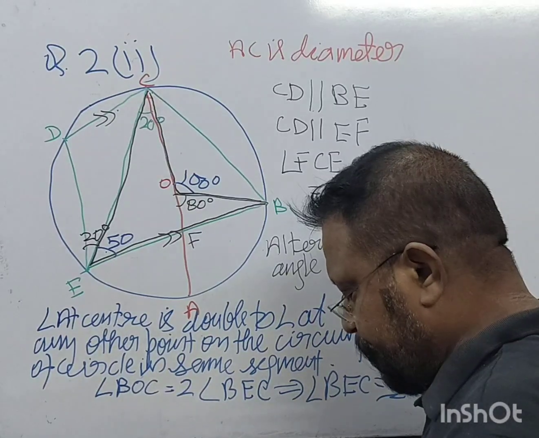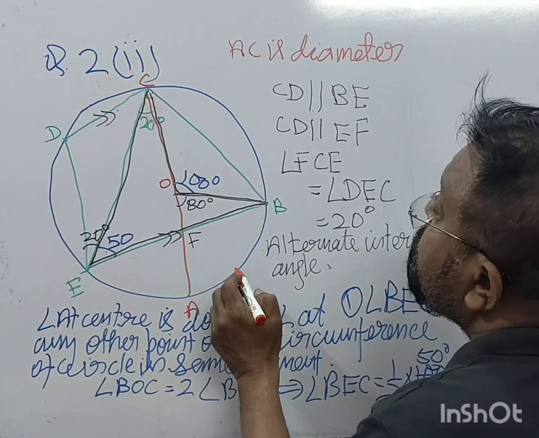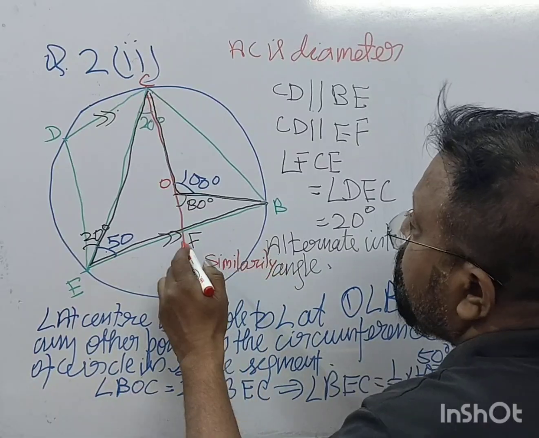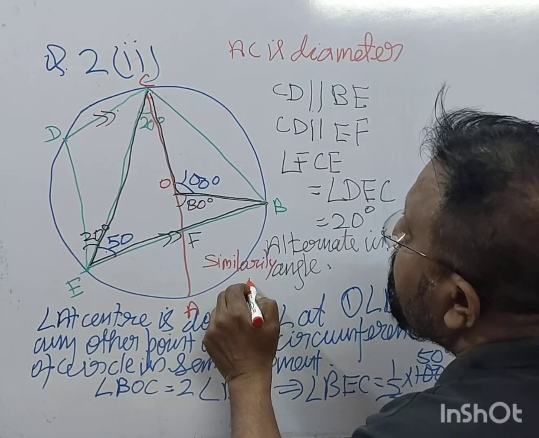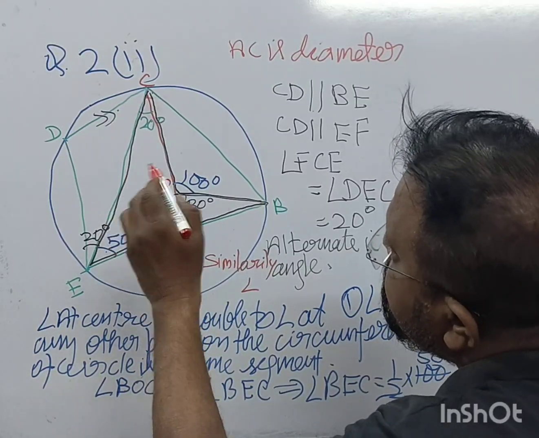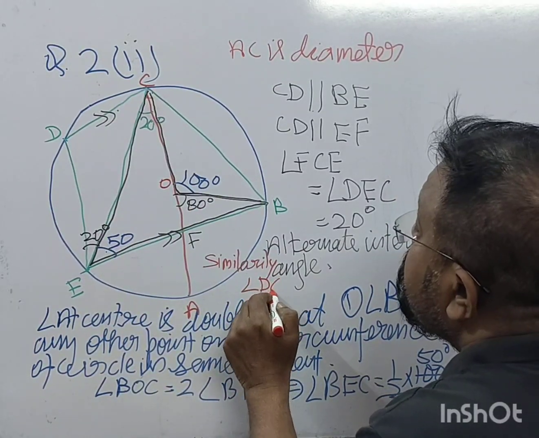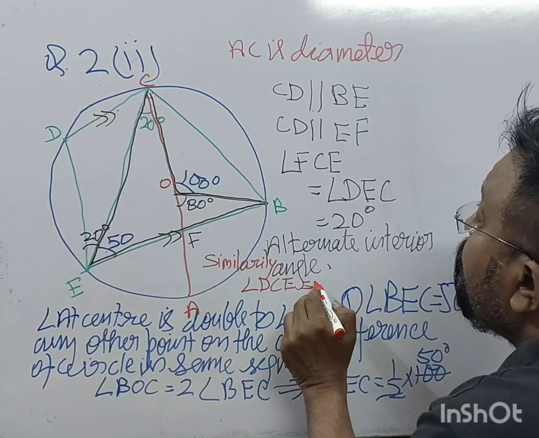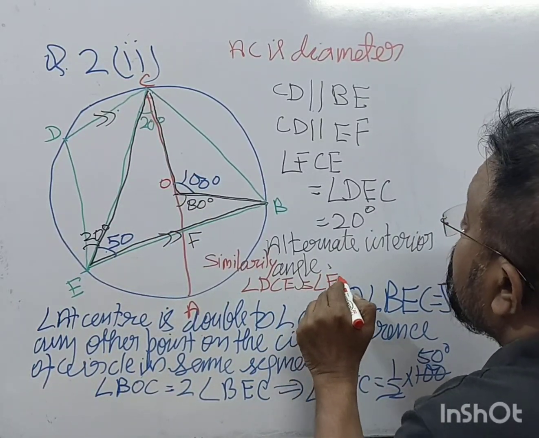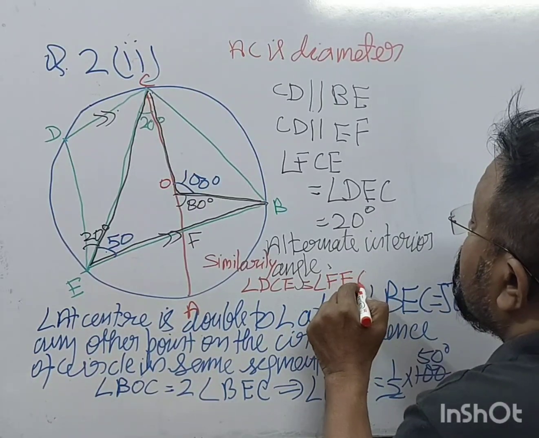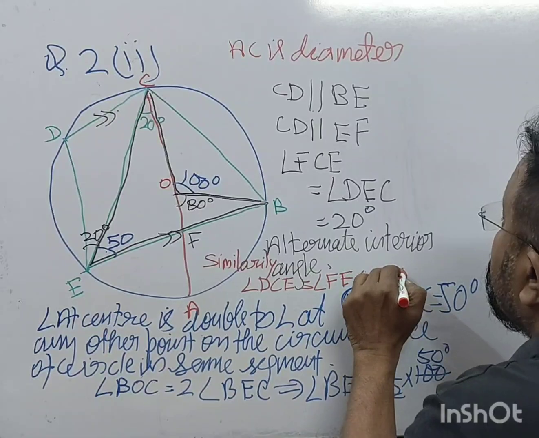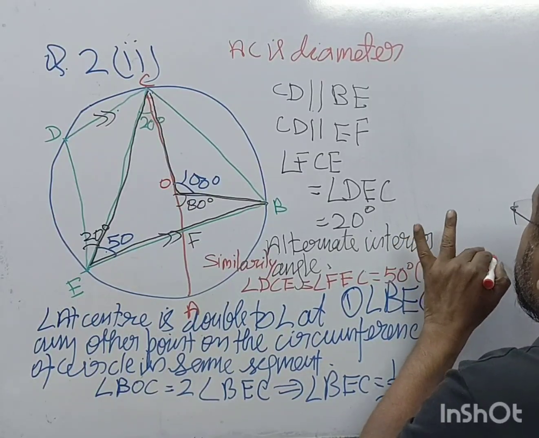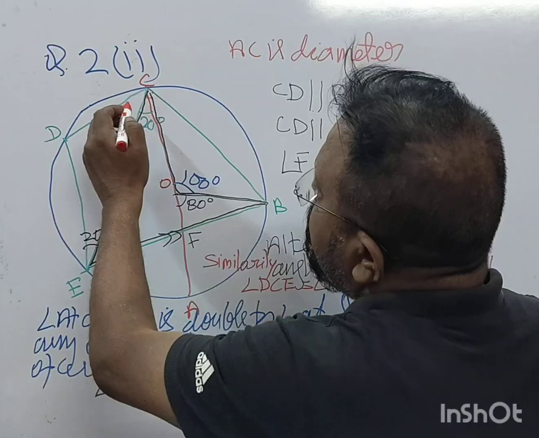So similarly, angle DCE is equal to angle FEC, which is of 50 degrees, as alternate interior angles. So this is right. This is 50 degrees.